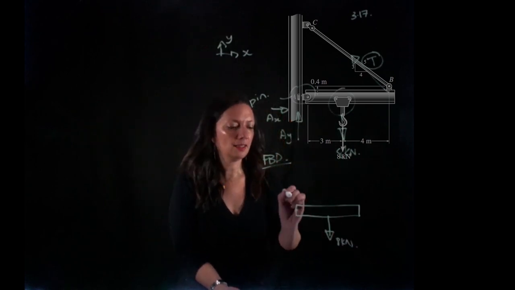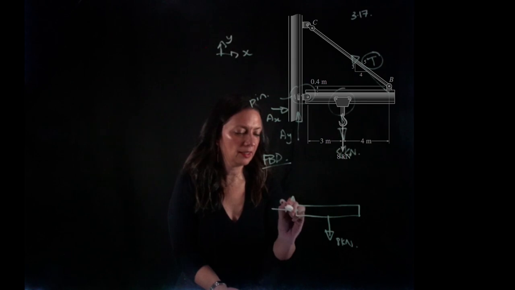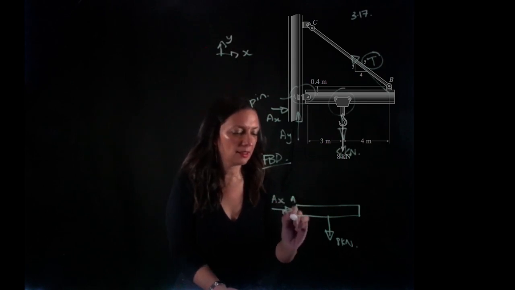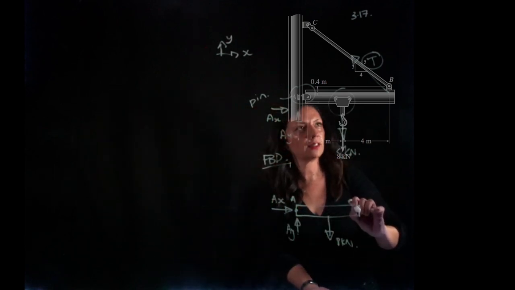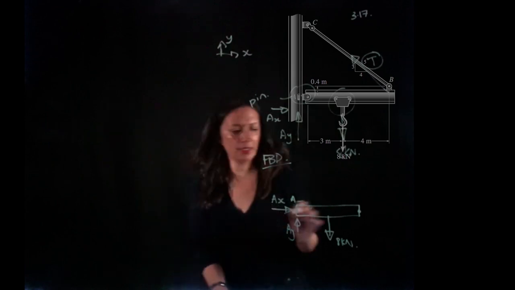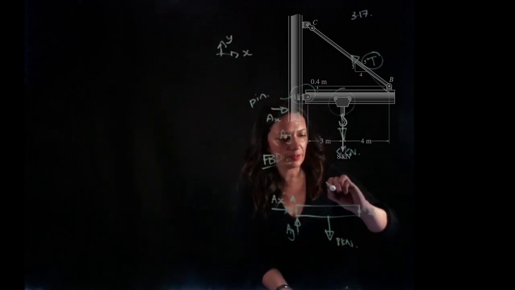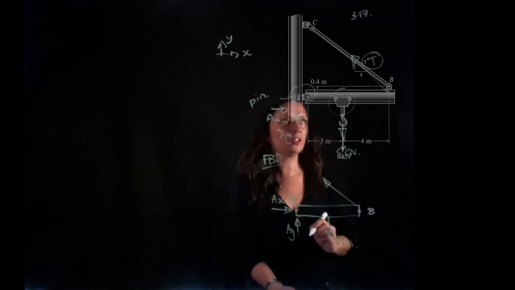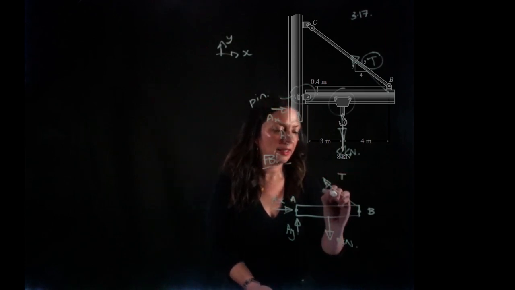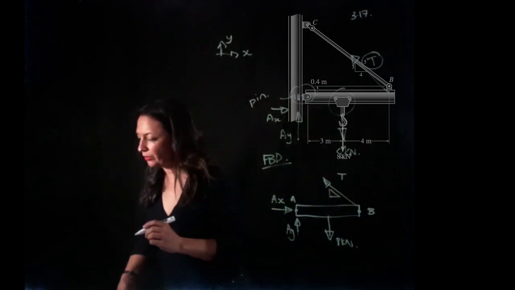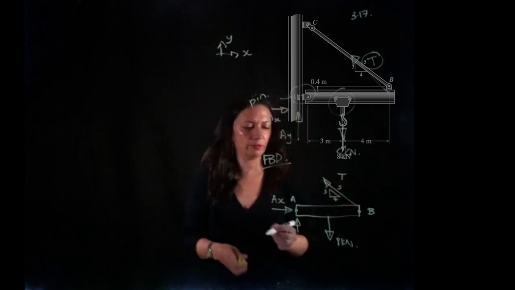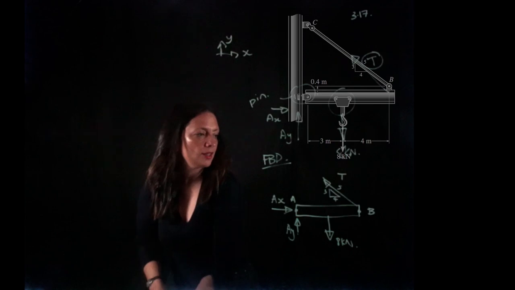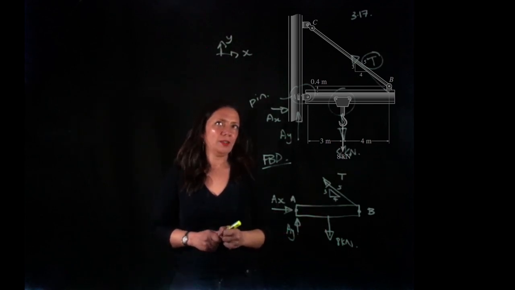At A, I will have AX and AY, so reaction force, and at this point B, I will have tension in the cable. And here we have a Pythagoras triangle of 5, 3, and 4. So that's almost my free body diagram done.